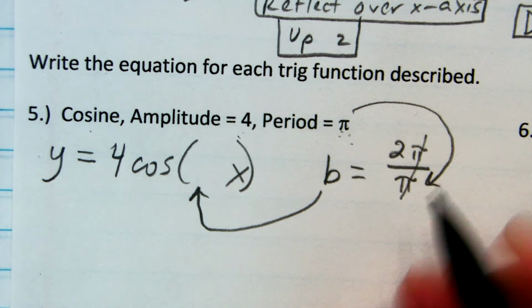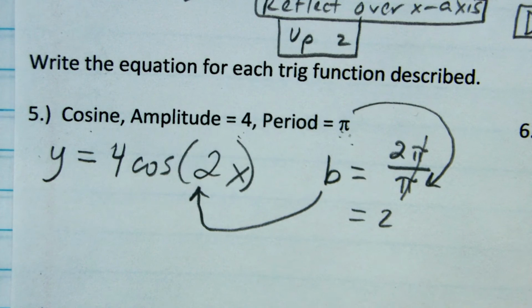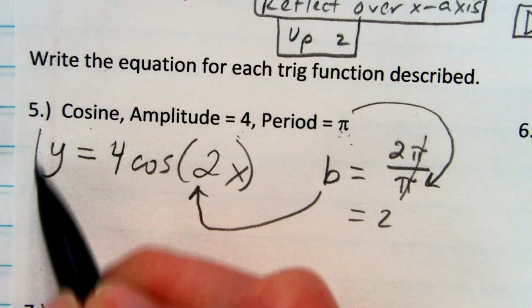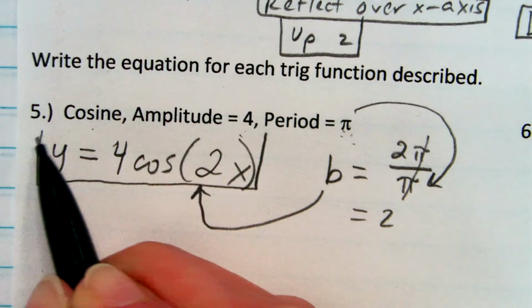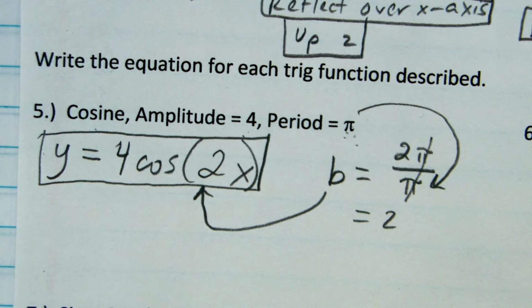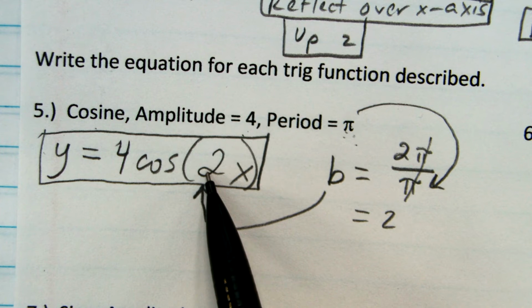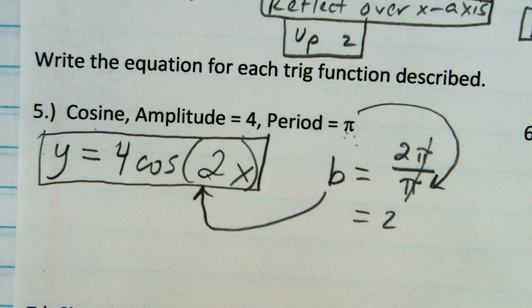And so the pi's are going to cancel, and you get 2. You put that into the equation. So 4 cosine 2x. So really the only work you're going to have to do is a little bit of fraction work, potentially, to figure out the number that goes with x. Everything else should be a little bit more obvious. You can just stick it in.